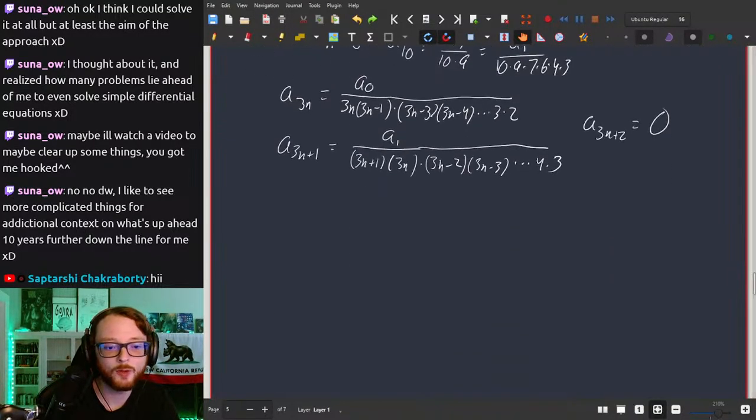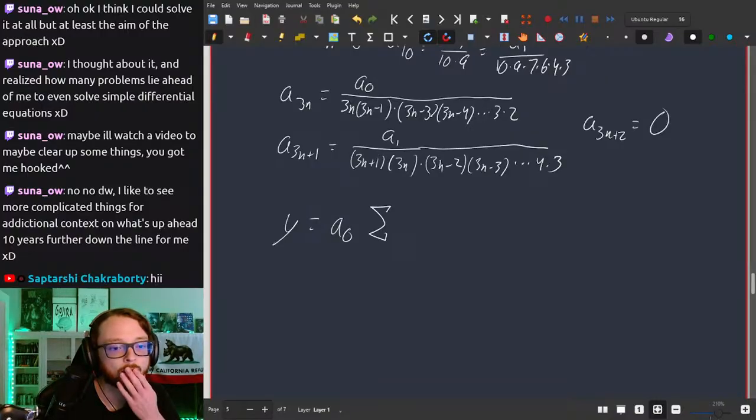So y is going to equal a0. An a0 is just any constant that's determined by your initial conditions. From n equals 0, n equals 1 to infinity.